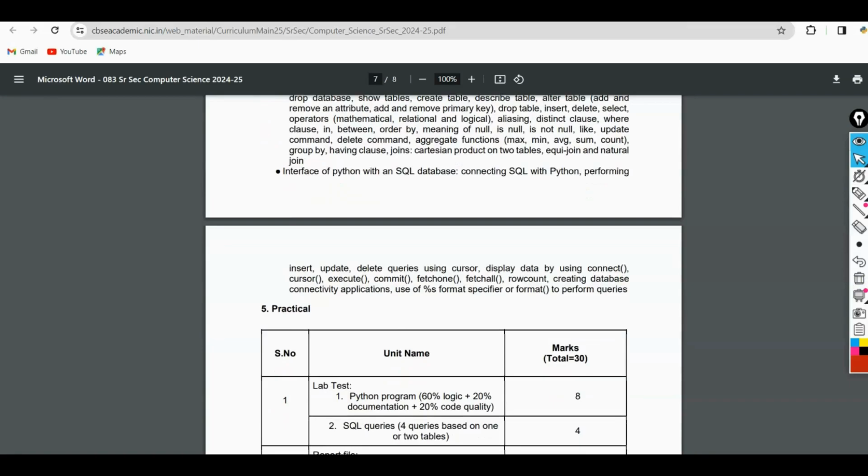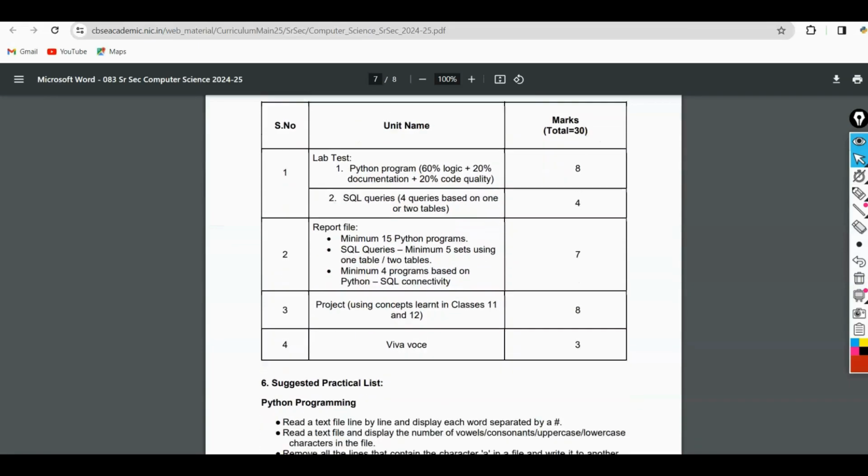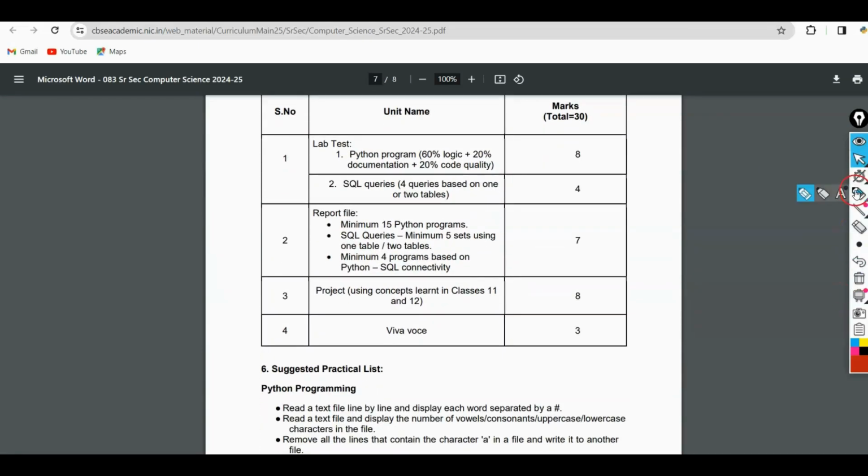Then the next is your practical file. Under the practical file you will be covering your lab test. We have four sections. Under the lab test you have Python programs and SQL queries, which might be given for 12 marks. Then complete your report file with a minimum of 15 programs, which contain SQL queries, and a minimum of 4 programs based on Python SQL connectivity.